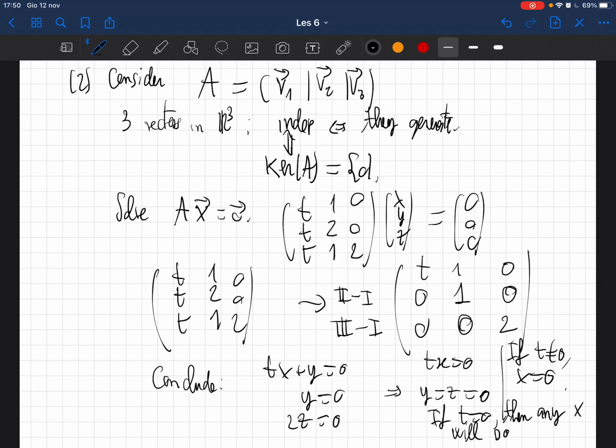In the sense that if t is equal to 0, then any x together with y and z equal to 0 will be in the kernel.